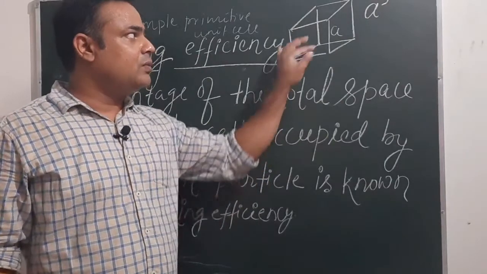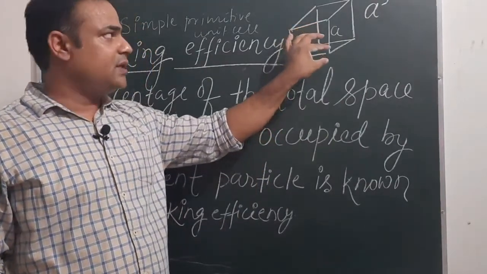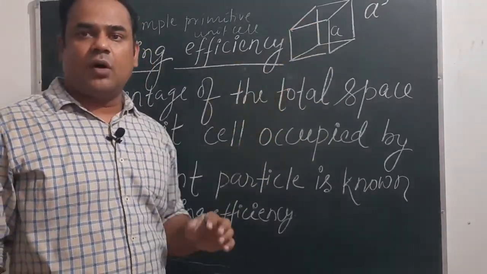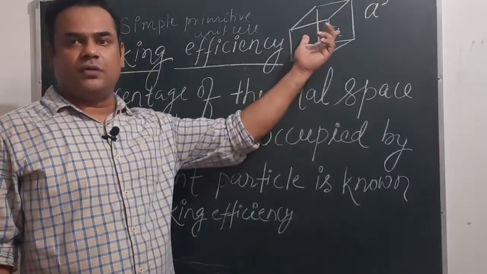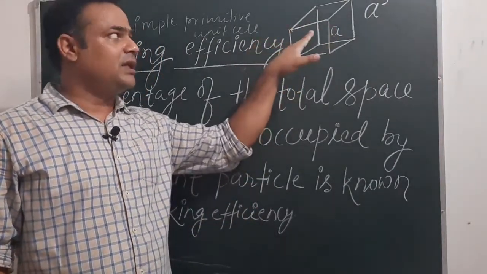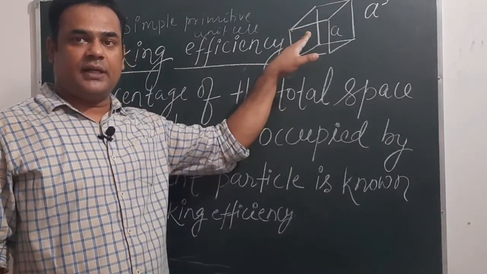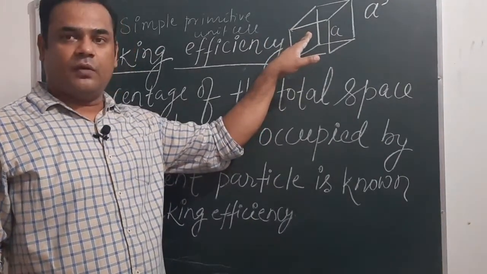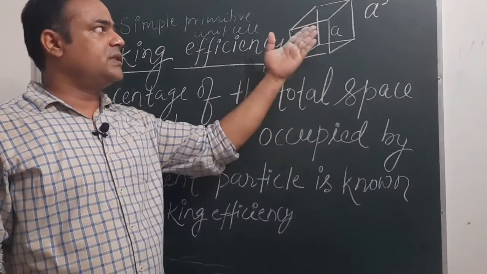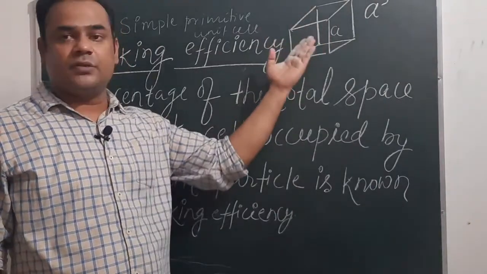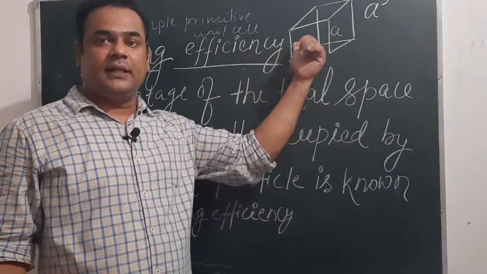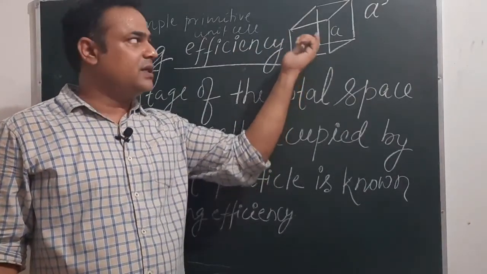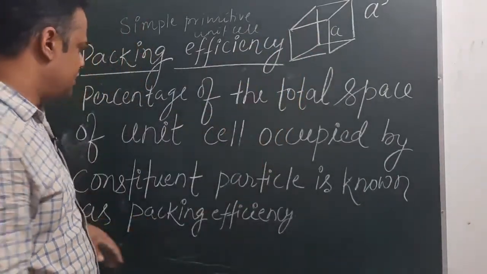Similarly, how much available space of a unit cell is occupied by constituent particles is the packing efficiency of that unit cell, because in a unit cell constituent particles are present, so they will occupy certain space. So how much percent of the total space of unit cell is occupied by constituent particles, that will be the packing efficiency of that unit cell.